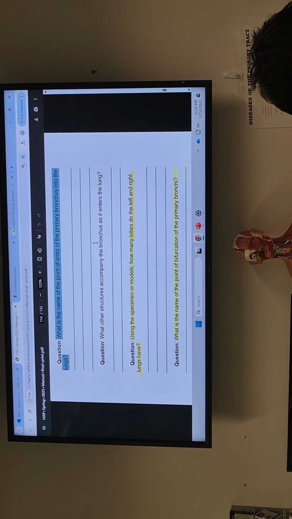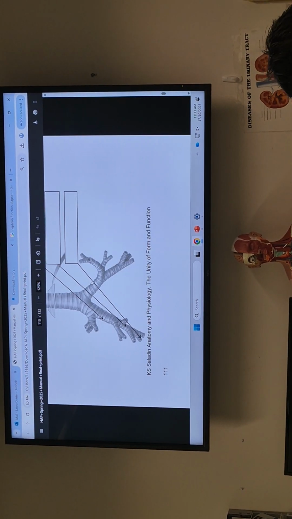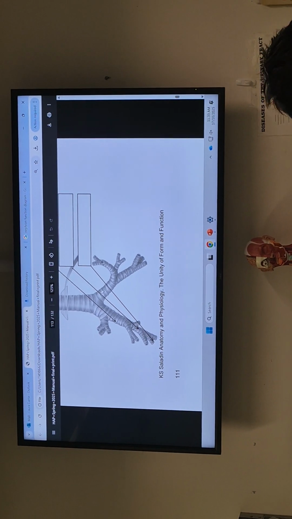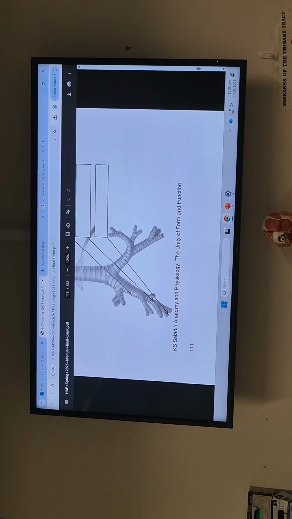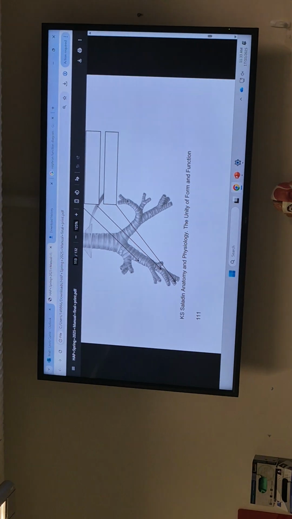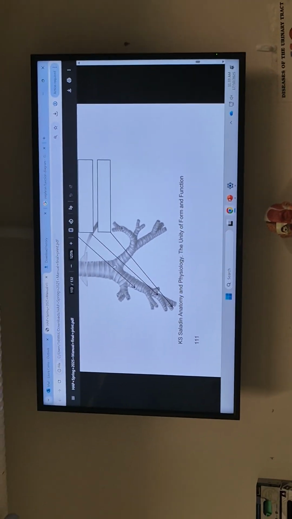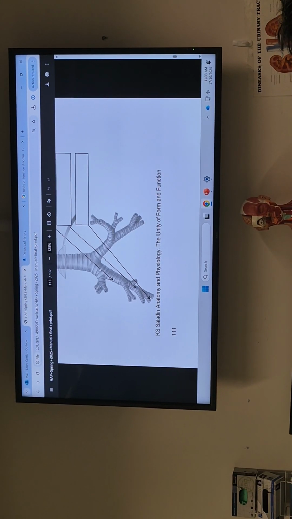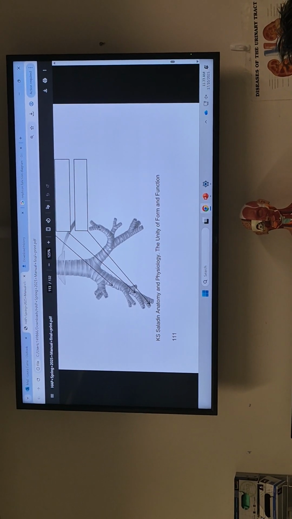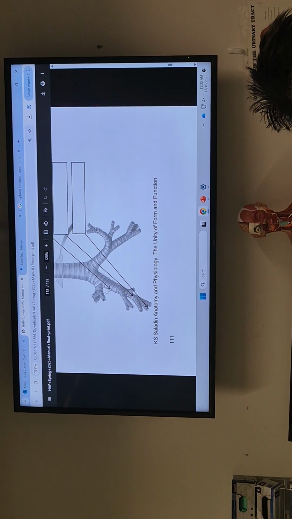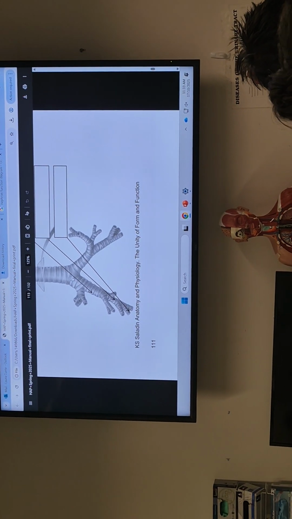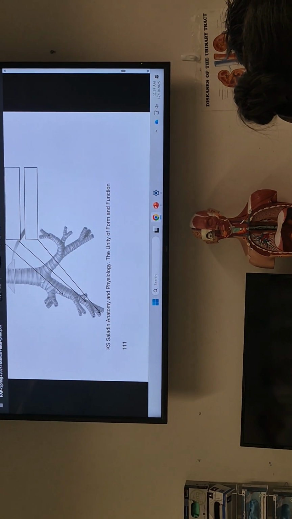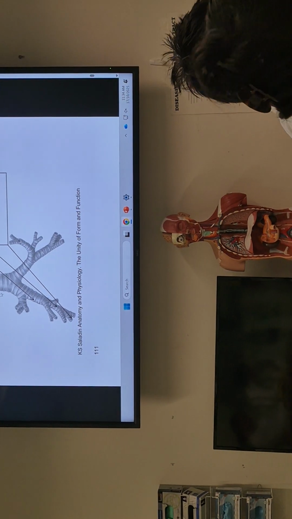The point of entry of the primary bronchus into the lungs, where it enters the lungs, is the hilum, okay? Meanwhile, the point of bifurcation is this point here where it branches into 2. So that's the difference. Bifurcation is branching into 2. Point of entry is when these branches enter the lungs. The point of bifurcation is called the carina, okay? C-A-R-I-N-A.